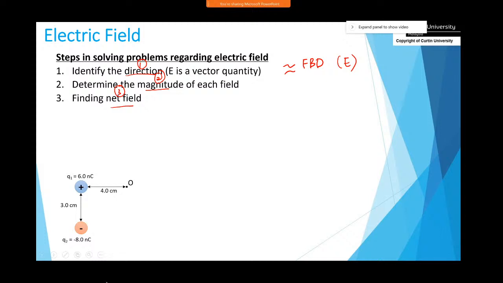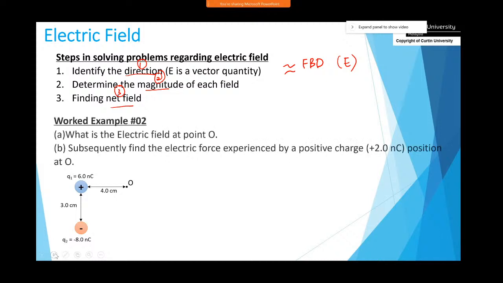Now let's solve this worked example. We do not have anything here at point O. You are asked to find the electric field at this point. First thing first, determine the direction.